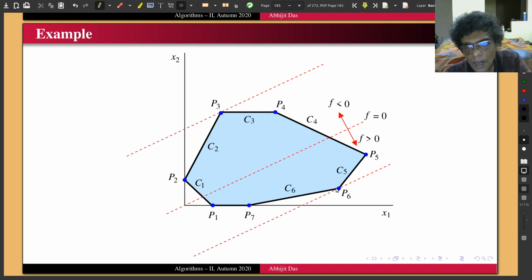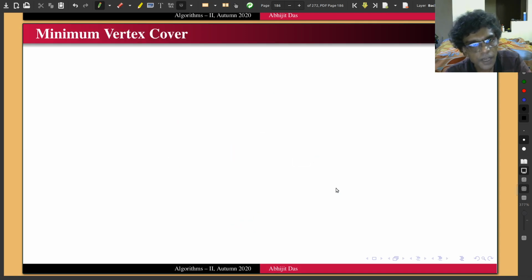Now, how does this linear programming problem fit in the current context, given that we can already solve them efficiently? This is how it can be done. I explain in the next couple of slides.